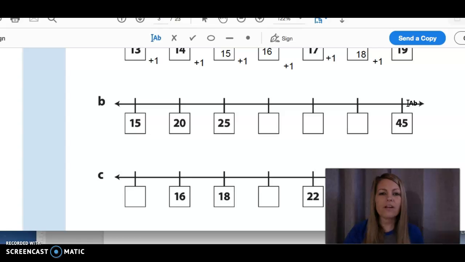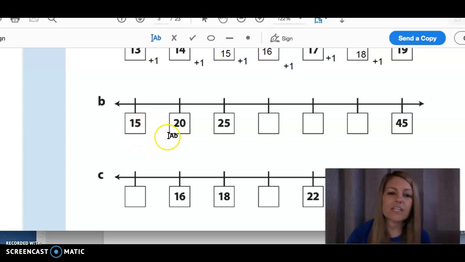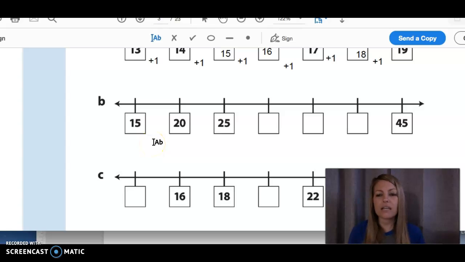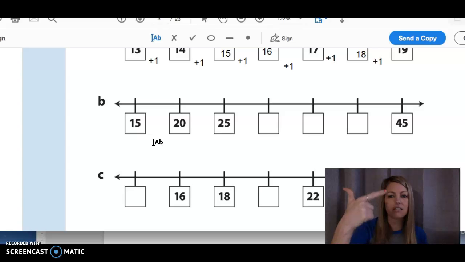All right, let's try to figure out what the pattern is for the next number line, which is number line B. We've got 15. Let's see how much it takes to go from 15 to 20. So if I have 15, let's count till we get to 20. 15, 16, 17, 18, 19, 20.